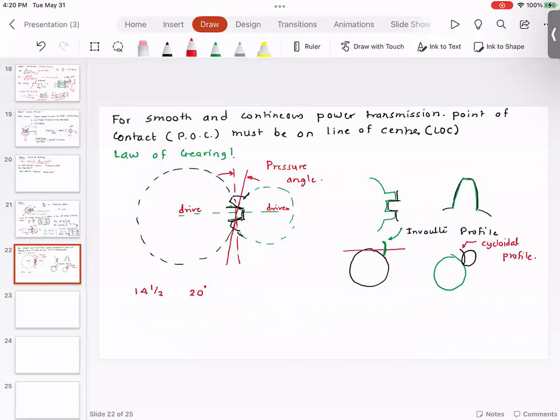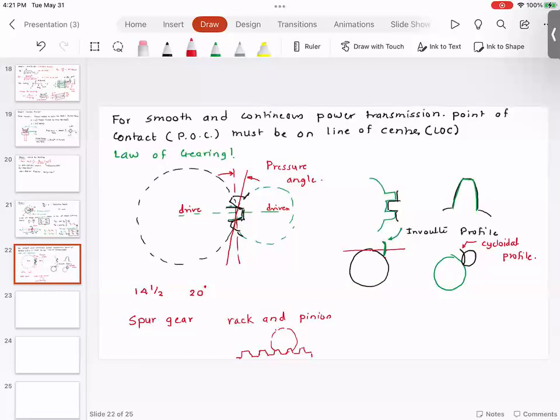There are different types of gears. You can have something like a spur gear. You can have a rack and pinion. So spur gears, I have shown something like this. Rack and pinion is used in steering. What you have is a pinion, and then you have a horizontal gear, so a gear with infinite radius.